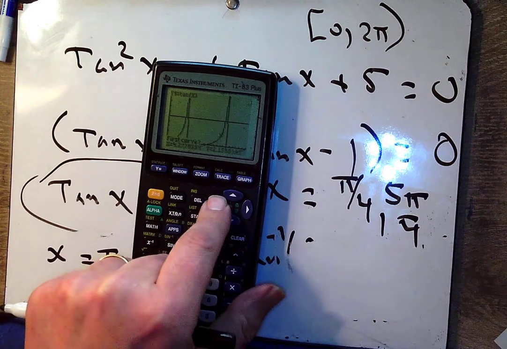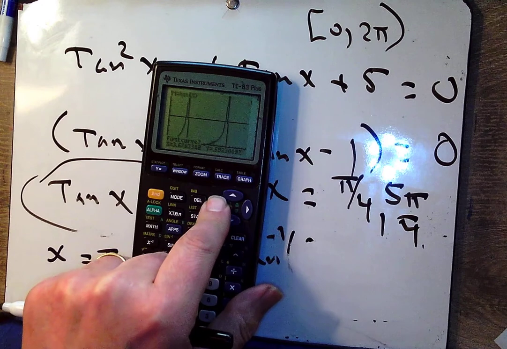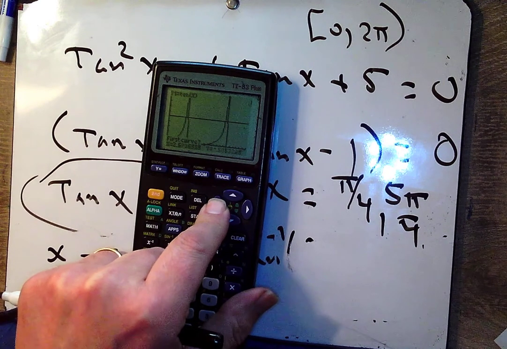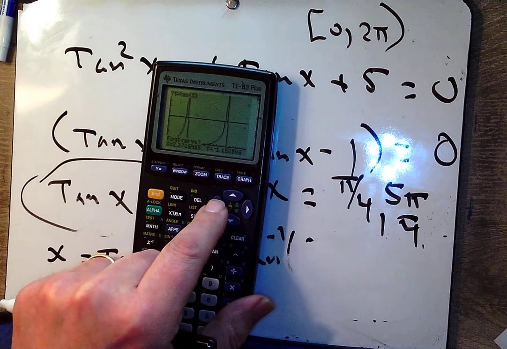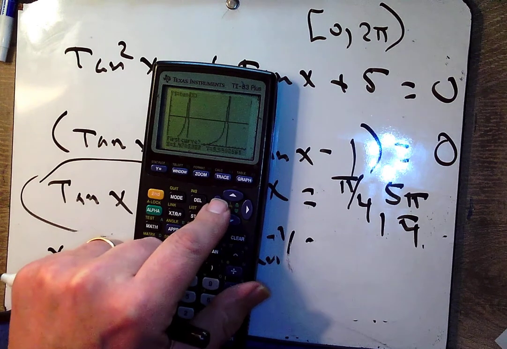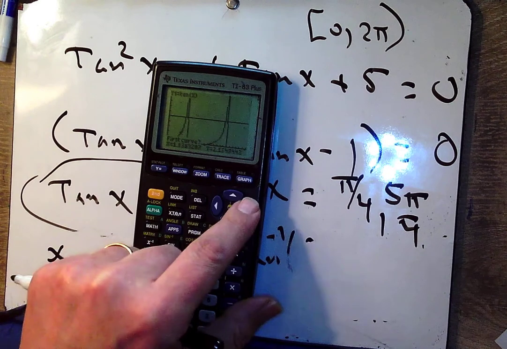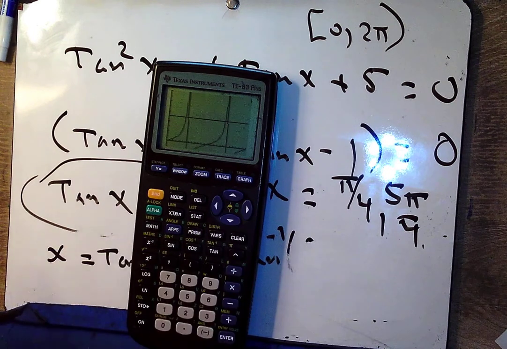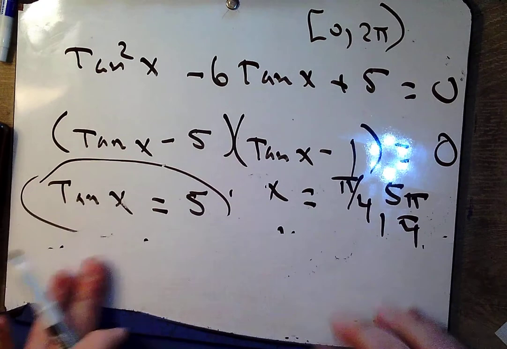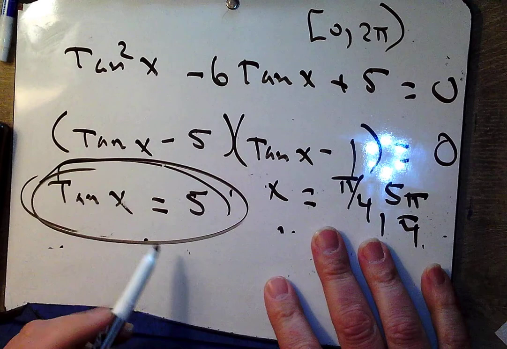I'll bring my cursor close to that point of intersection. Enter. And there we go. Okay. So, yeah, 4 solutions. Please watch out for this.